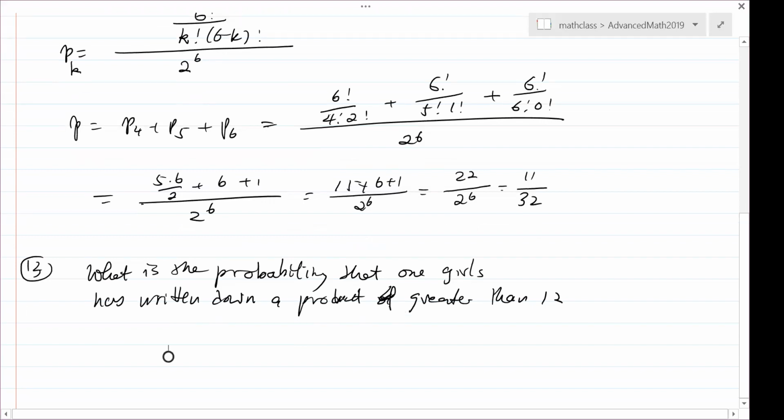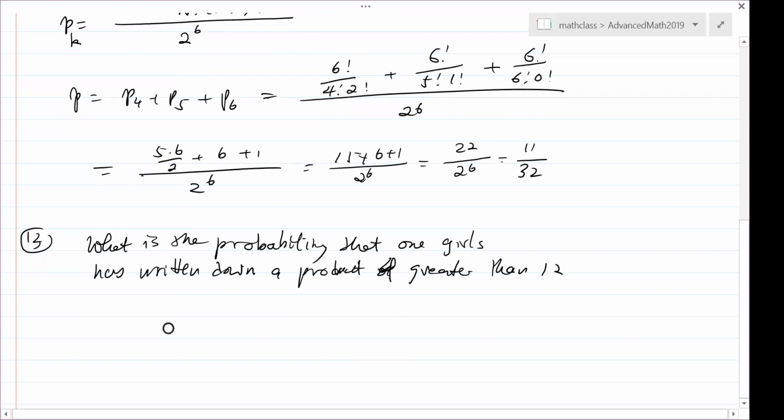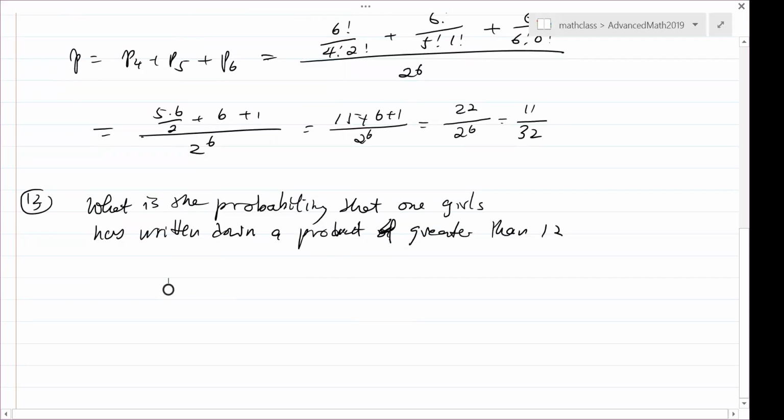I'm not going to write down the whole problem. If you're able to solve this for one girl, then you solve the problem.